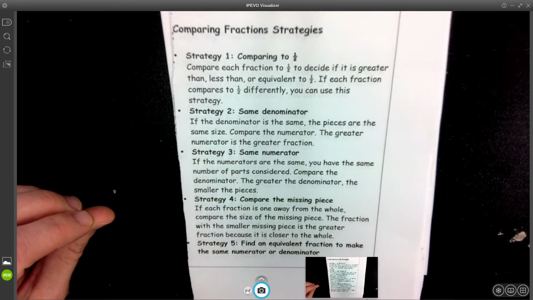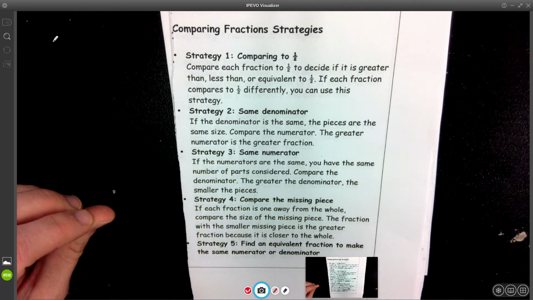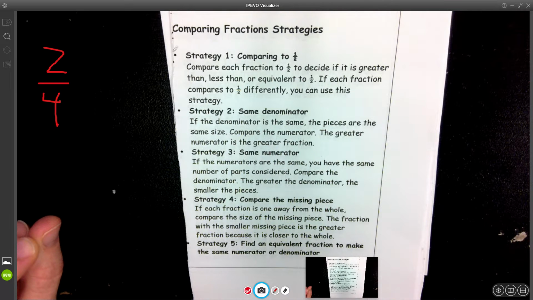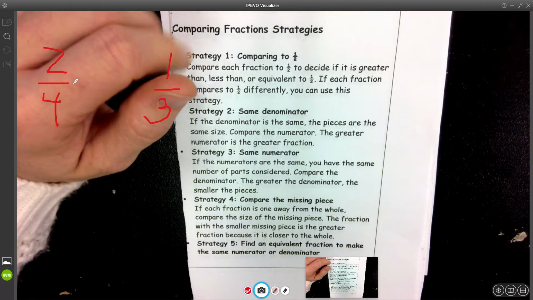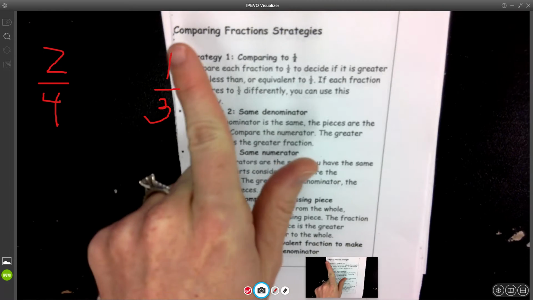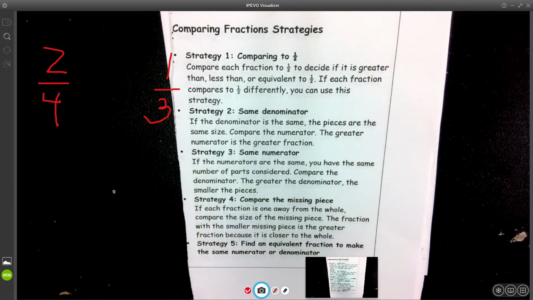All right. So say I'm given 2/4, and they want you to compare it to 1/3. Okay? So if I have 2/4 and 1/3. Now, I know that 2/4 is equivalent to a half.